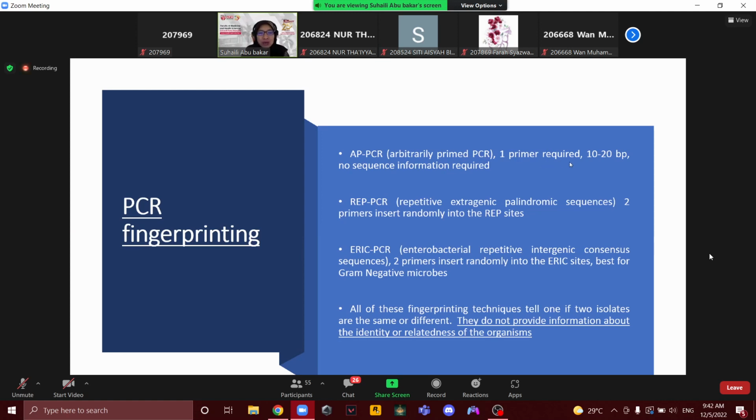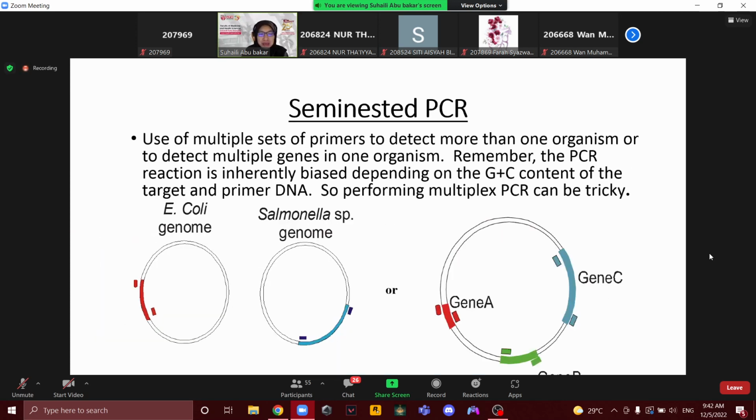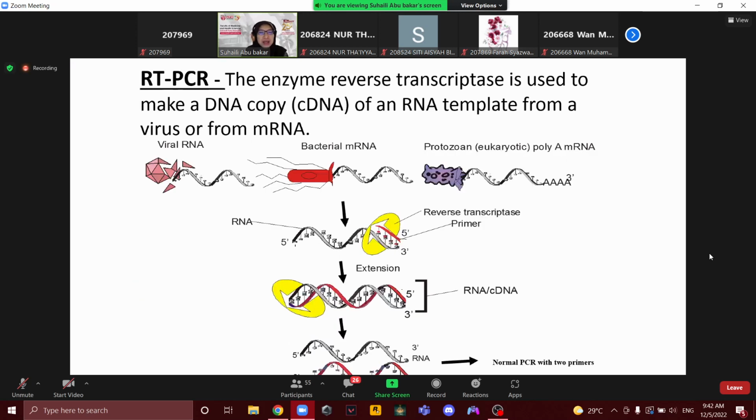Only 1 primer is required. See, you don't have to remember everything. This one is a minor type of PCR. Minor means it happens in certain laboratories only. But semi-nested is global, multiplex is global, common.